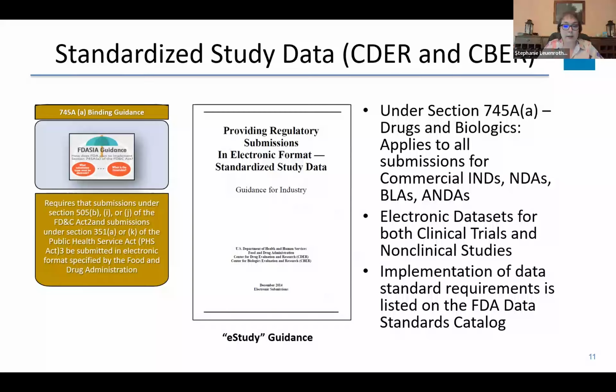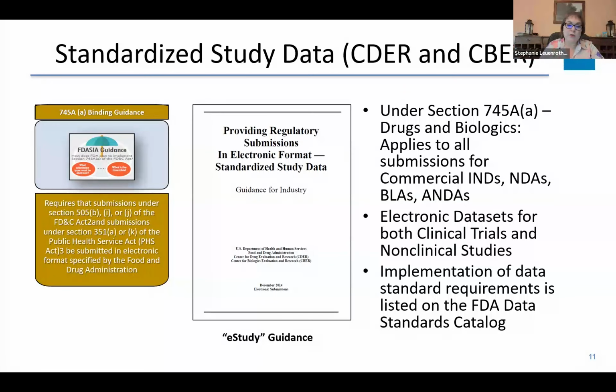It also includes marketing applications, so NDAs, BLAs, and ANDAs. It also goes on to describe that electronic data sets are required for both clinical trial data sets as well as for non-clinical studies in general. But there's more specificity to that, which I'll get to.